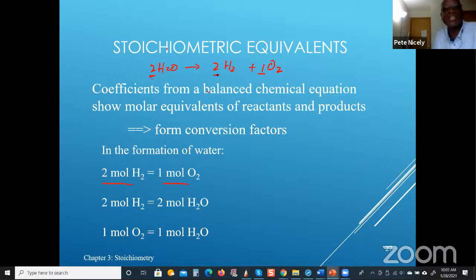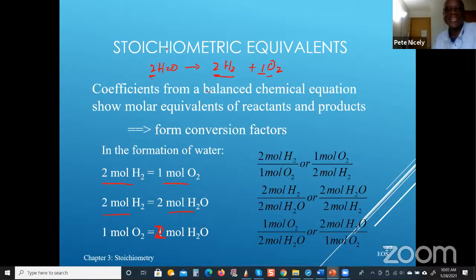Similarly, we can write down a relationship between water and hydrogen, which would be 2 to 2. And we can write down a relationship between the hydrogen and the oxygen, which would be, well, actually, this should be 1 to 2 right here. This should be 2, all right? So please make a note of that. So basically, we can express each of these equivalences as fractions, all right?